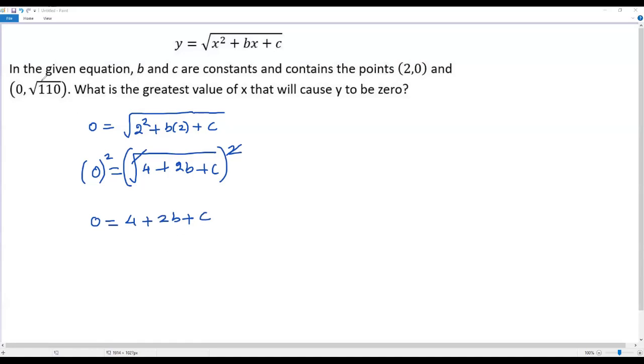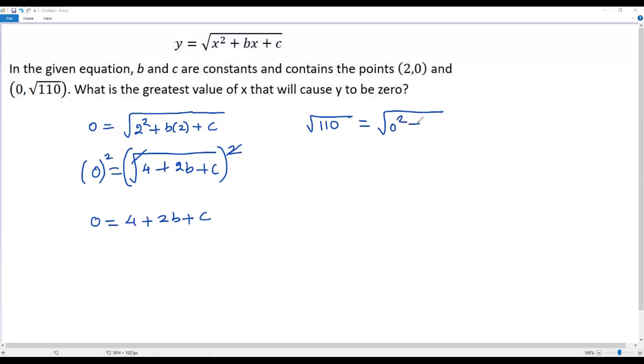Now I'm going to plug in the second point, the y-intercept, into the given equation. For that, I plug in the y-coordinate, square root of 110, for y. So I'm getting the square root of 110 equals the square root of, and for x, I plug in the x-coordinate 0.